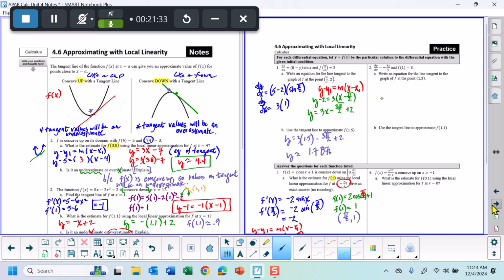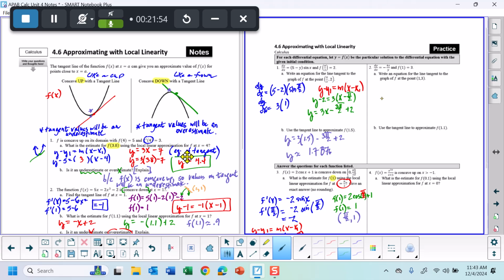So what we're saying is, now that we know how to find this derivative, we can go ahead and find the equation of the tangent line. If our curve has a value that we want to know, and it's super close to where we write the equation of the derivative, we can use this.